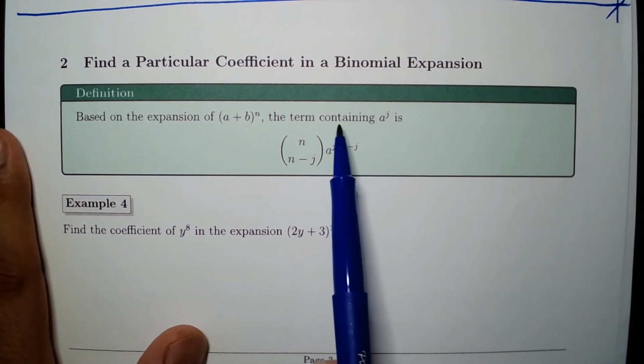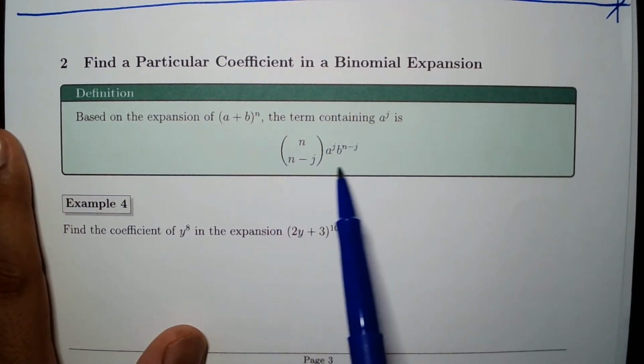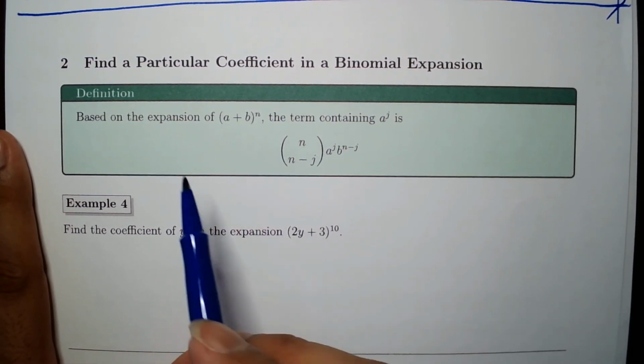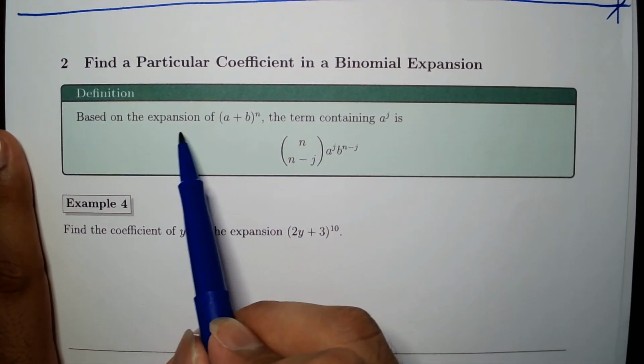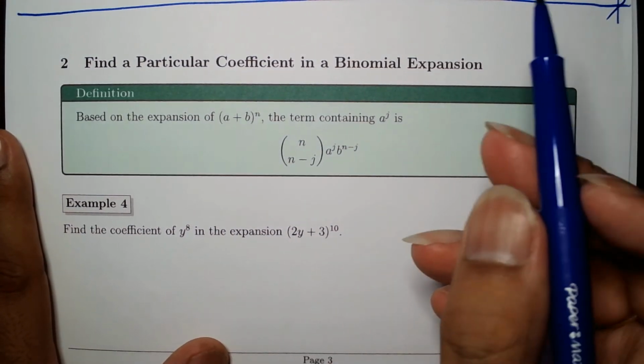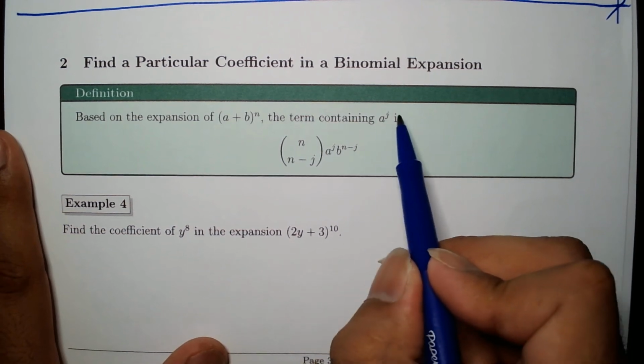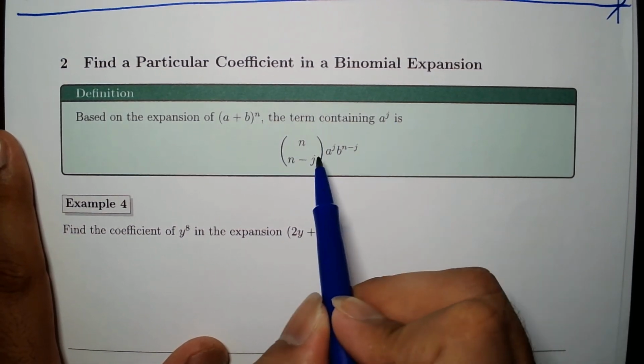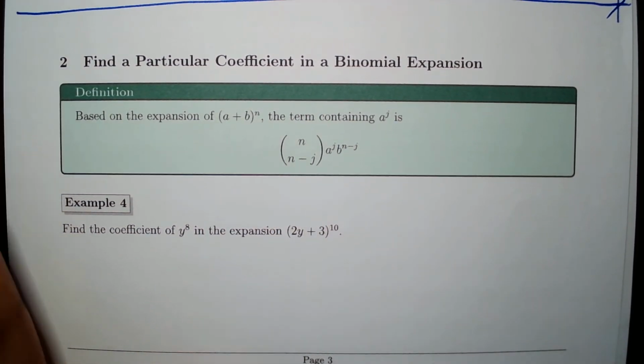So in this case, we are just going to use this formula right here. Having an expansion of a plus b or minus, depending on the sign, to the n, the term containing a to the j is given by this expression.